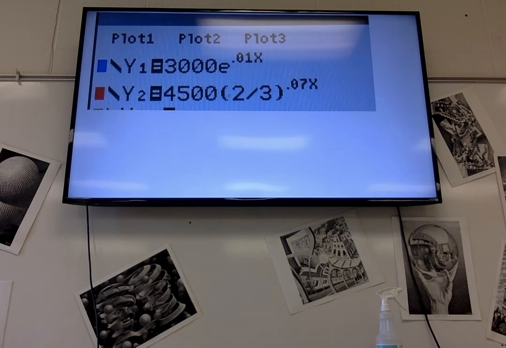But if you have those flip-flop, that's okay. It doesn't matter which one's Y1 and which one's Y2. If you can't find a button, let me know.